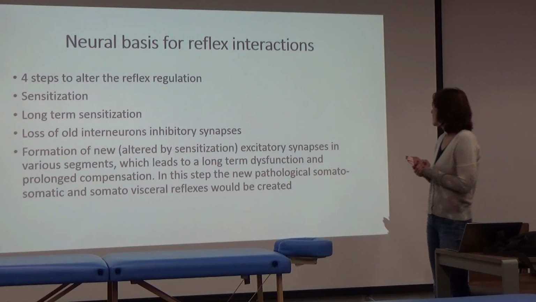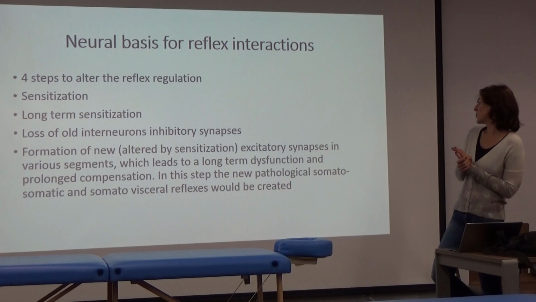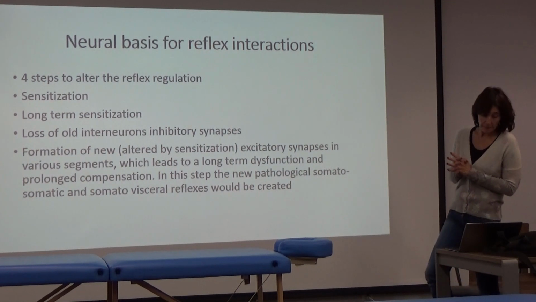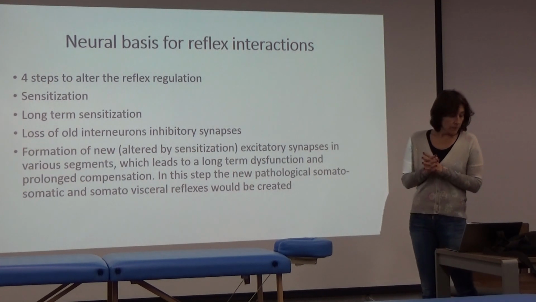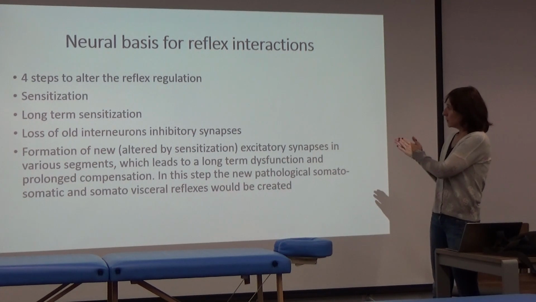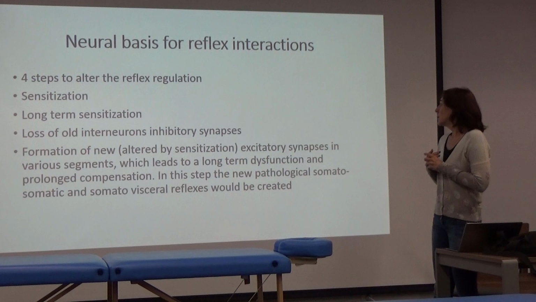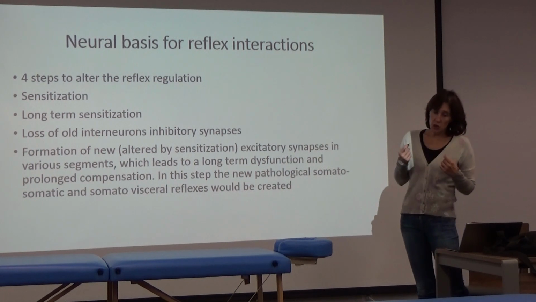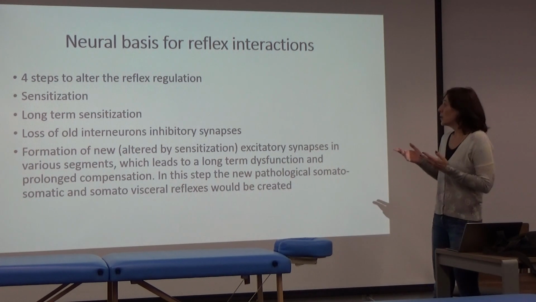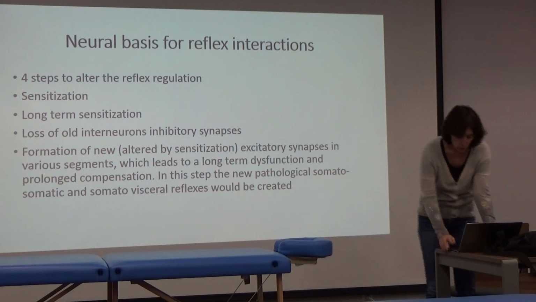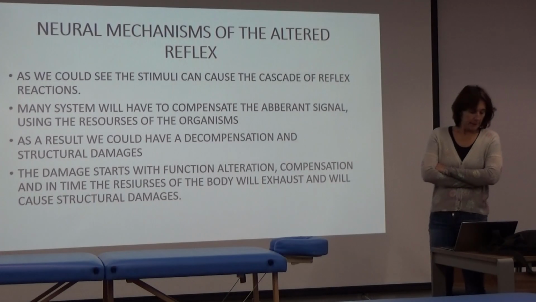In this step, the new pathological somatosomatic and somatovisceral reflexes would be created. This is exactly the explanation of the chronic pain, exactly the explanation of the posture changes, the explanation why we have some visceral problems, and so on.